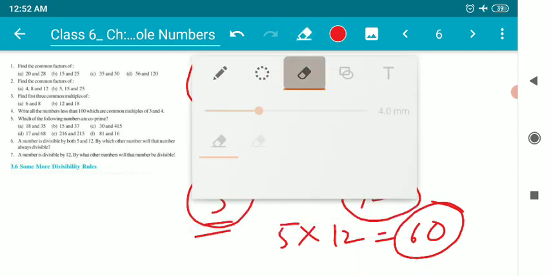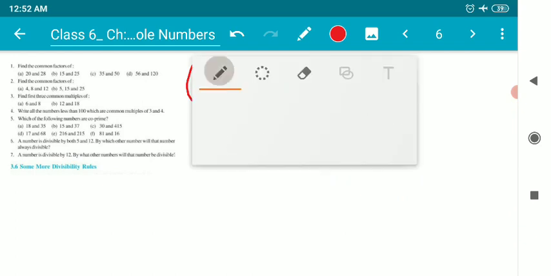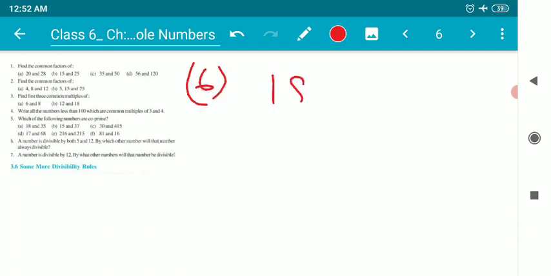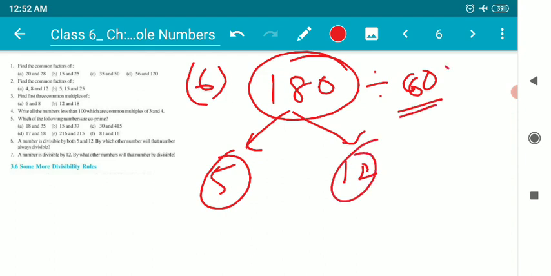For example, children, suppose the number is 180. 180 can be divided by 5, and 180 can also be divided by 12. Believe me, children, 180 will surely be divided by 60, because 5 and 12 are both factors of 60.